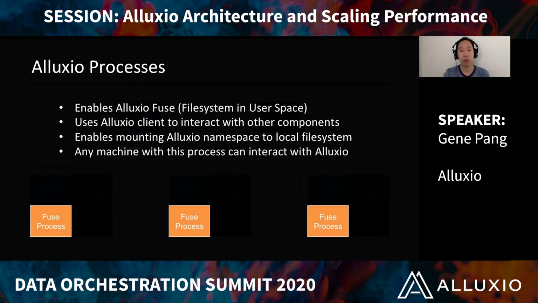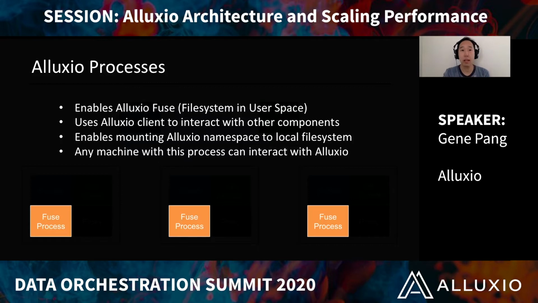Next, we have the fuse process. And the fuse process is a process that is required to run in order for you to enable Alluxio Fuse. And this is file system in user space. What this allows you to do with Fuse is that users can mount the Alluxio namespace onto their local machine's file system namespace.